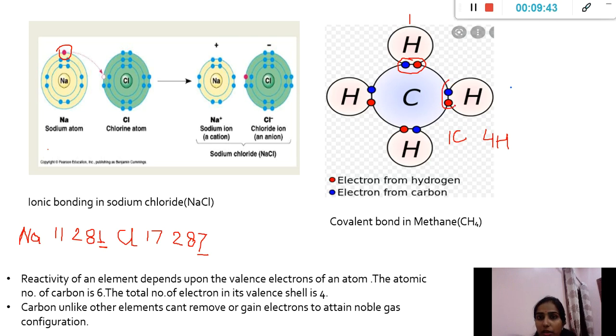Similarly, the second valence electron of the carbon atom is shared with the second hydrogen atom's valence electron, and another electron pair is shared between the carbon atom and the second hydrogen atom. Likewise, the third valence electron of carbon is shared with the third hydrogen atom's valence electron, and in this way the third electron pair is shared between the carbon atom and the third hydrogen atom.